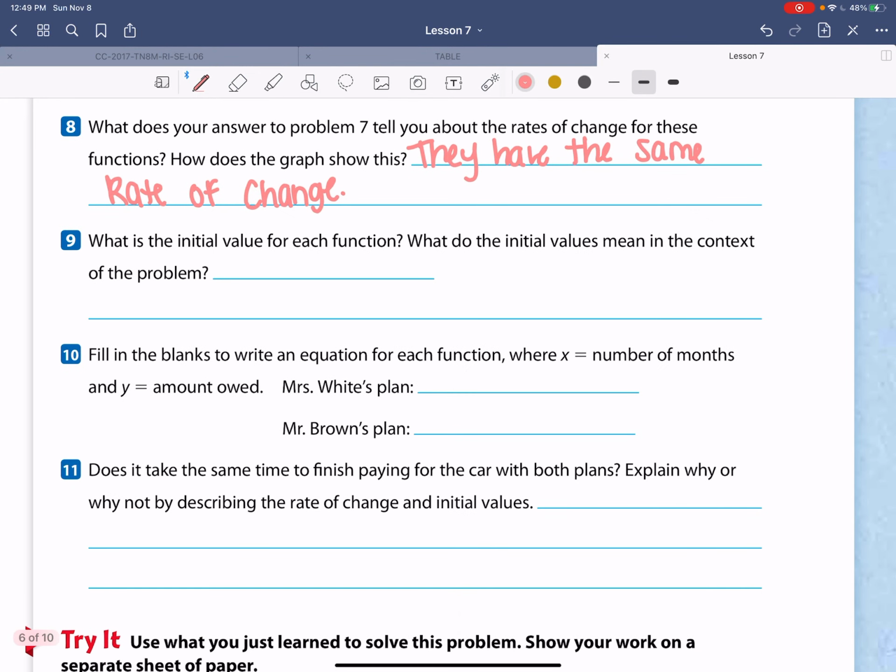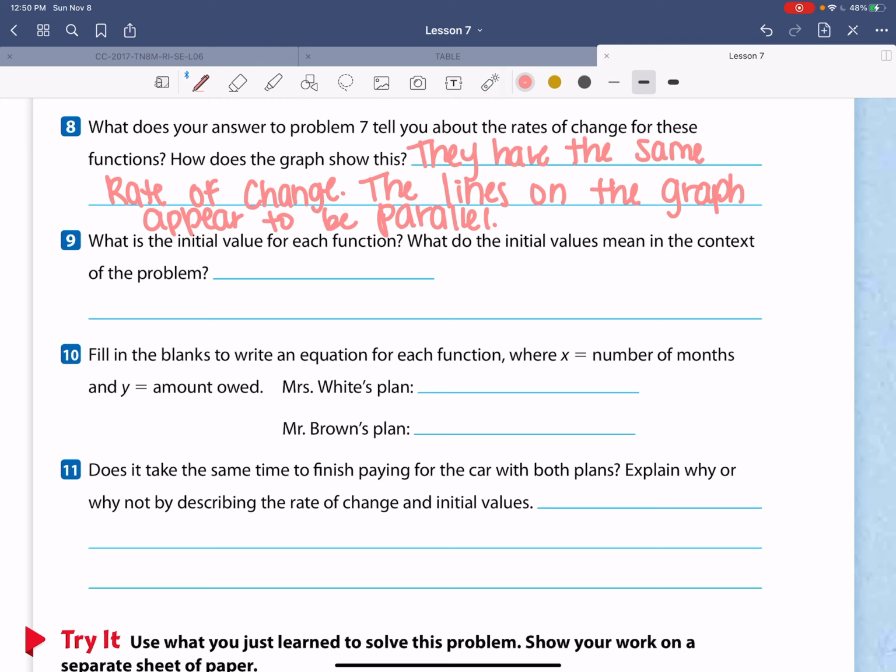So the lines on the graph appear to be parallel. And of course, that also makes sense because if the lines are parallel, that means they should have the same rate of change, and they do.